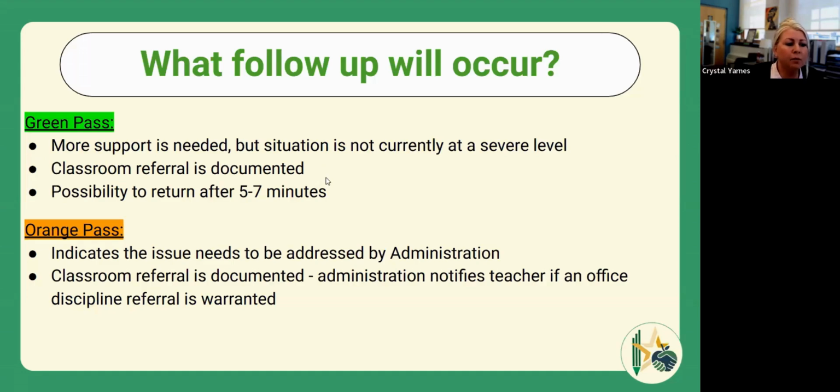This will be documented with a classroom referral in our school tool system, and the student will return generally in 5 to 7 minutes. This pass does not immediately warrant administration. And then there's the orange pass. The orange pass indicates the issue needs to be addressed by administration. Classroom referral is still used for documentation, and the administrator notifies the teacher if an office discipline referral is warranted.